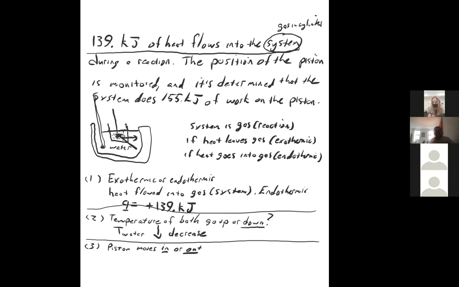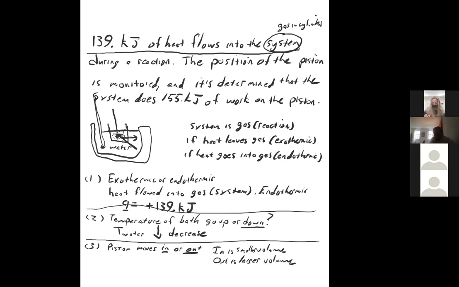So in means smaller volume. Out means bigger volume. Okay. So in is larger volume. Out is, I have it the opposite way. I don't know why I got that wrong. So in is smaller volume. Out is larger volume.